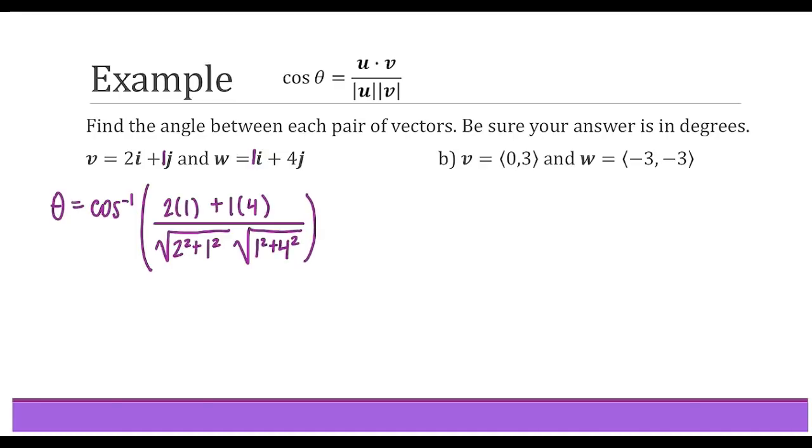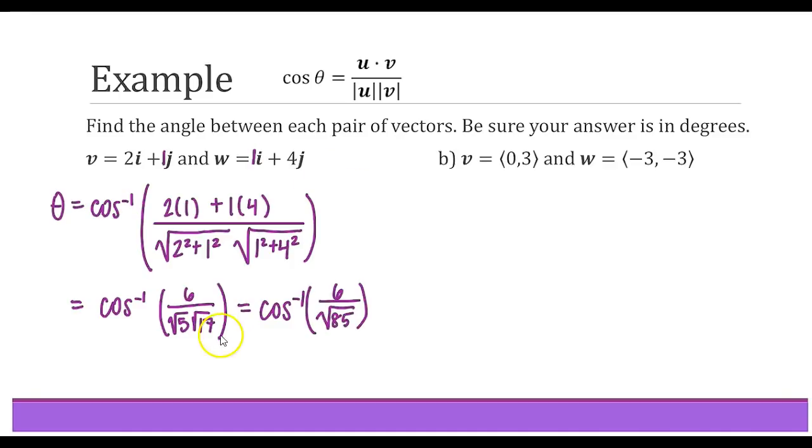So what we're going to enter into our calculator is cosine inverse of 6 over the square root of 5 times the square root of 17, or cosine inverse of 6 over the square root of 85. So we do multiply the components underneath radicals if we're multiplying two radicals. So this is what we'd enter into our calculator and approximate to the nearest whole number here. So this is approximately 49 degrees.